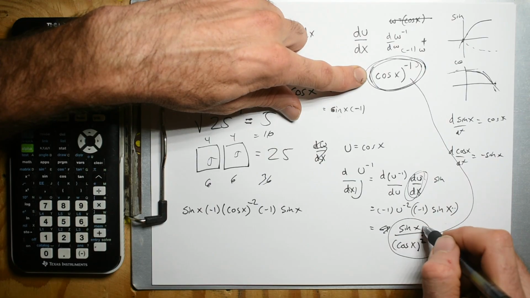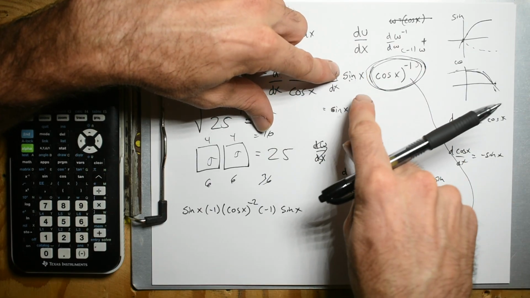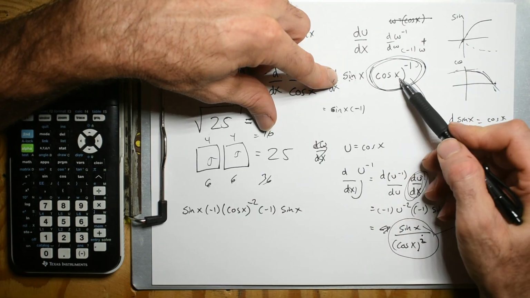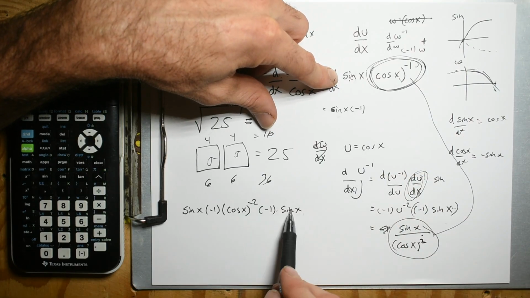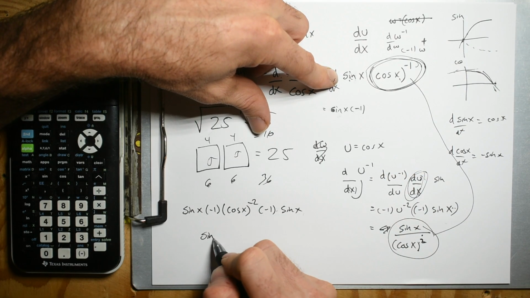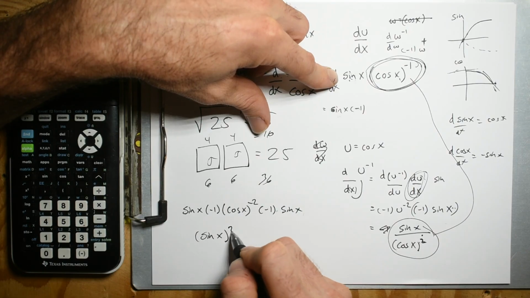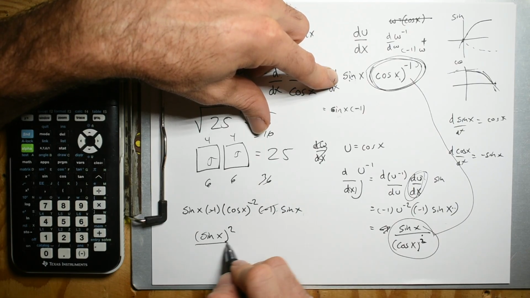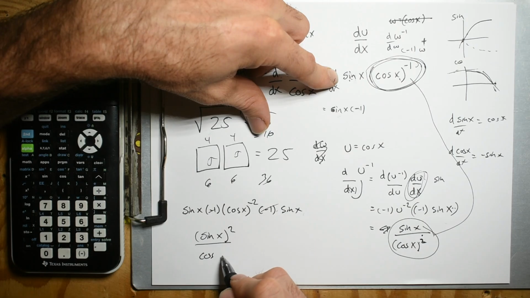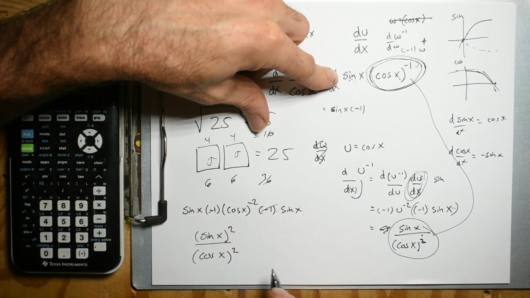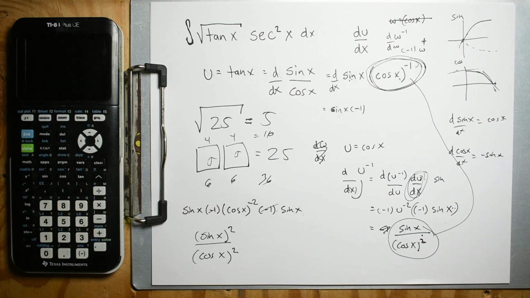So that's what we would get. The product rule says the first times the derivative of that. So that's where we pick up this other sine squared. So we're going to have sine x squared. The negatives cancel, divided by cosine x squared. Hell yeah. So that's going to be the first term.